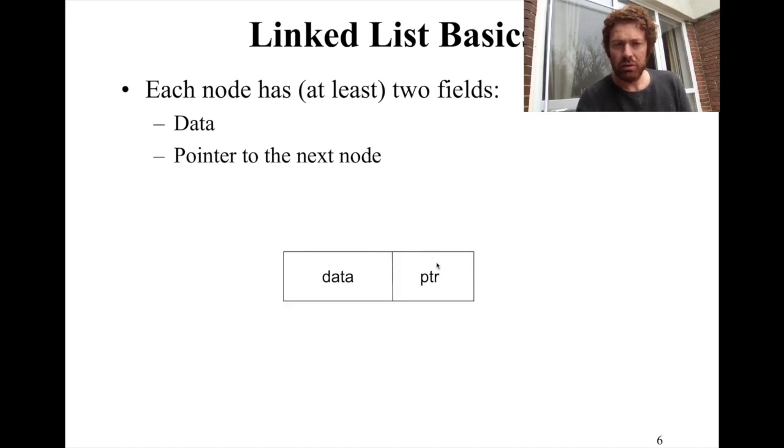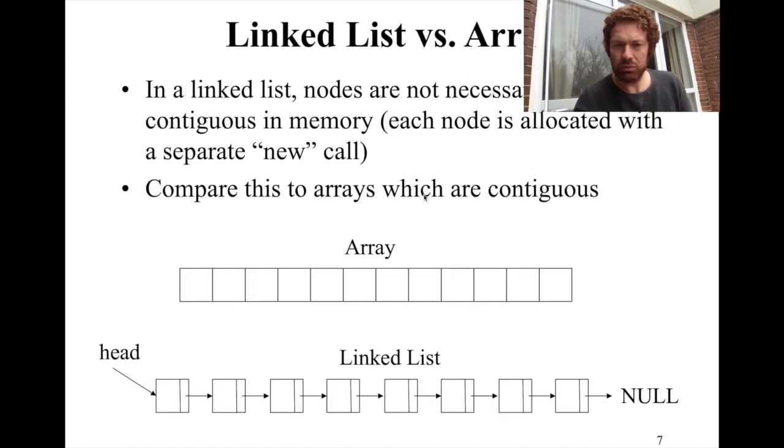So this is a small size thing within my node, so it is not a big deal to store this pointer actually. So the thing that I mentioned in the very beginning can be visualized here. In a linked list, nodes are not necessarily contiguous in memory. Each node is allocated with a different new call. So as you require them, you create them, which is the cool part of a linked list.